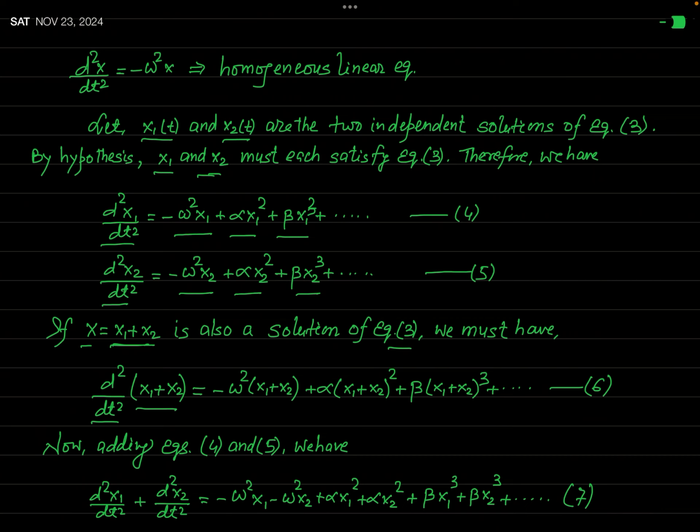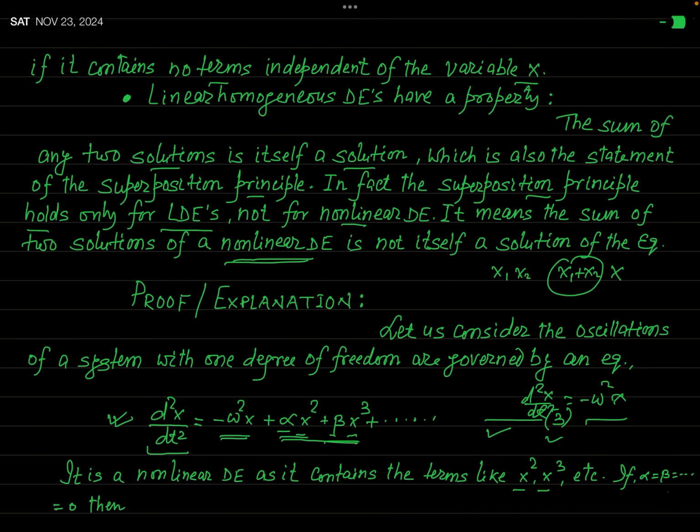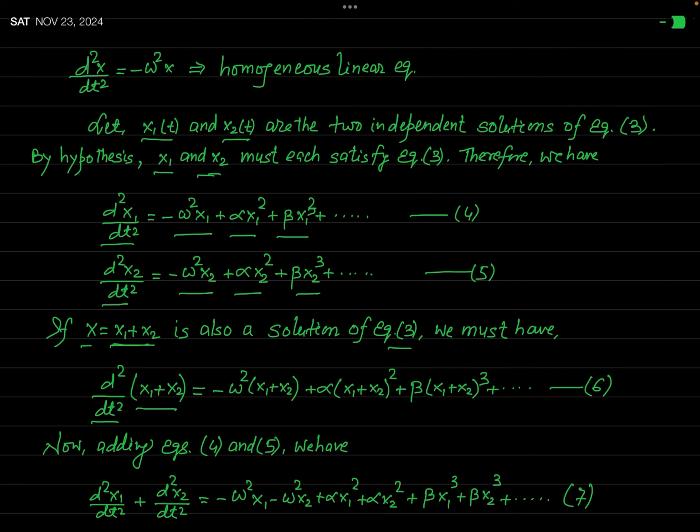It becomes d2 by dt square operated on x1 plus x2 equal to minus omega square times x1 plus x2, plus alpha times x1 plus x2 whole square, because here there was x square, plus beta x cube, but now instead of x you write x1 plus x2. So this is beta times x1 plus x2 whole cube.